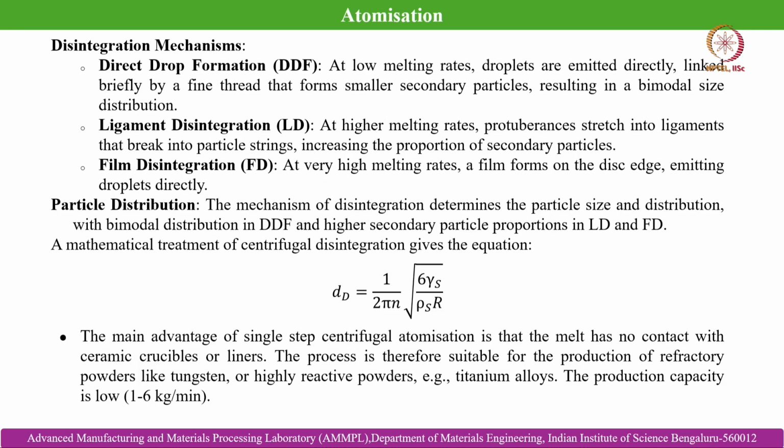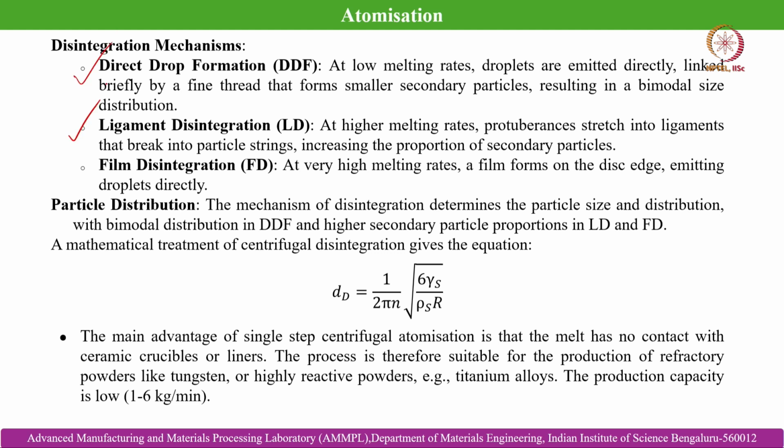The disintegration mechanisms in case of atomization are, first, direct drop formation. At low melting rates, droplets are emitted directly, linked briefly by a fine thread that forms smaller secondary particles, resulting in a bimodal size distribution. That is mechanism number 1. Number 2 is ligament disintegration, LD.